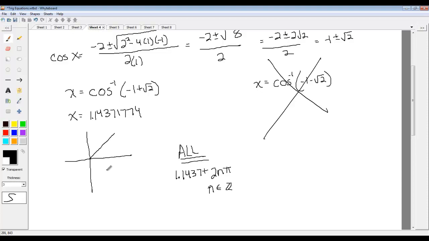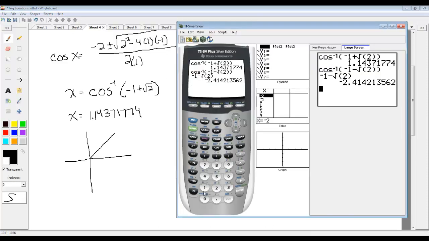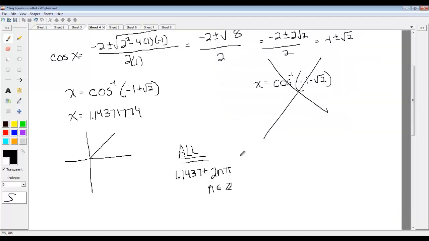So what you can do too is do 2 pi minus that and get the other number. That's for the other quadrant.